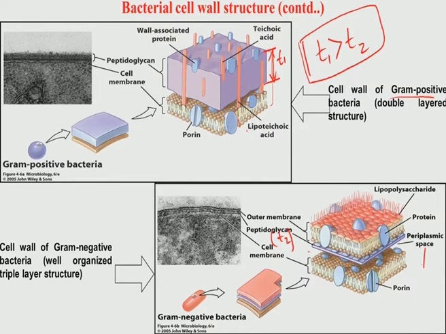Okay, so that is the number one point. The number two point is that gram negative bacteria like E. coli have a very characteristic three layer structure, with the peptidoglycan layer sandwiched between two layers, the top layer and the bottom layer.